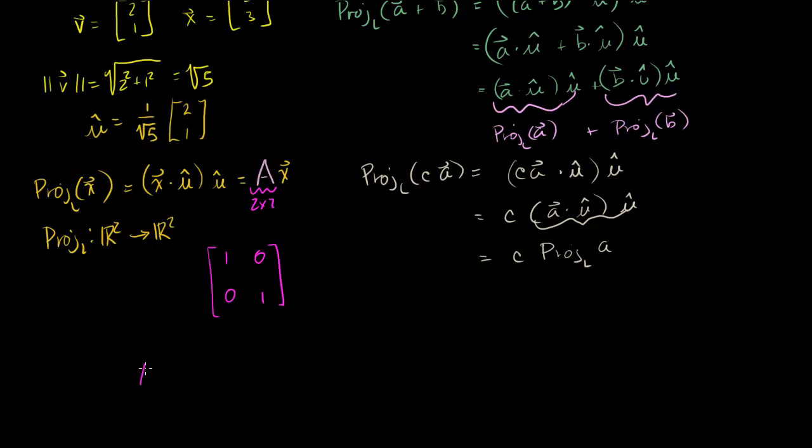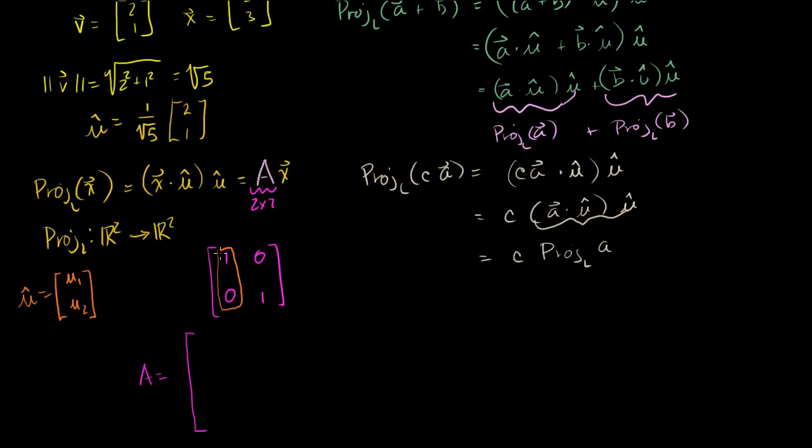So we could say that A is going to be equal to, its first column is going to be equal to the projection onto L of this thing right here. So what is that going to be? That is going to be this dot u. So let me write my u. So my unit vector, let's just assume that u can be rewritten as u1 and u2, just like that.